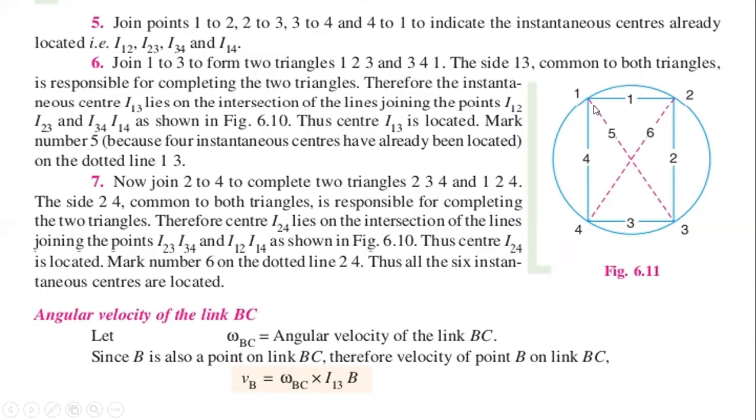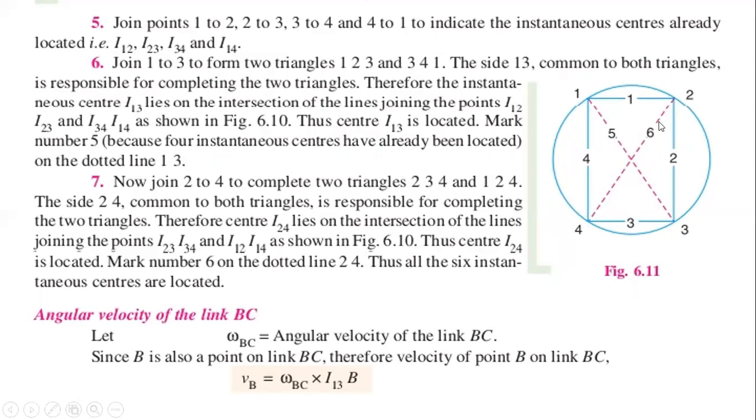That is the diagonal of the rectangle or square formed. So join the points 1 to 3, which is common to both triangles and responsible for completing the two triangles.